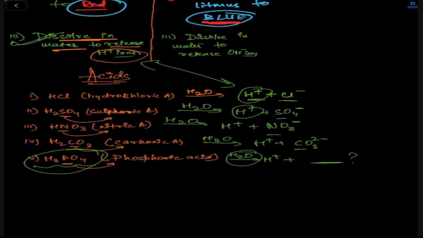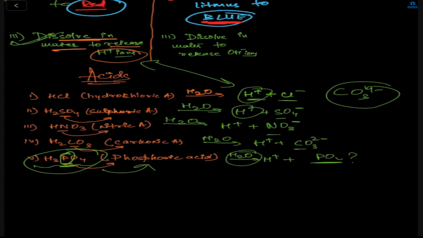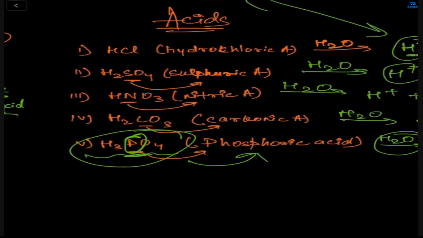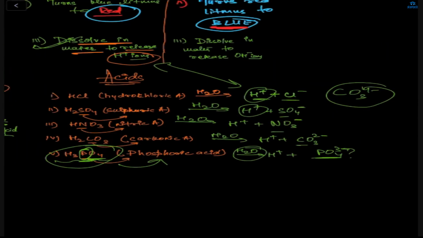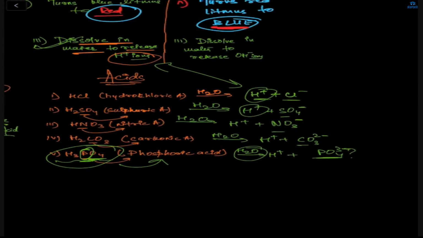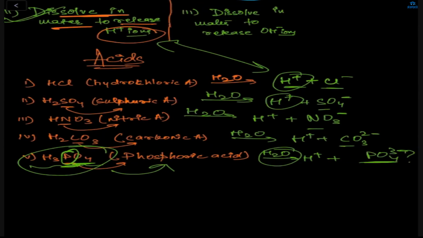Why CO3 4 minus? For phosphoric, it's already PO4, you only have to write 3 minus: PO4 3 minus. Ma'am, I saw that PO4 is CO. Why CO? In carbonic acid it will be CO3 2 minus.